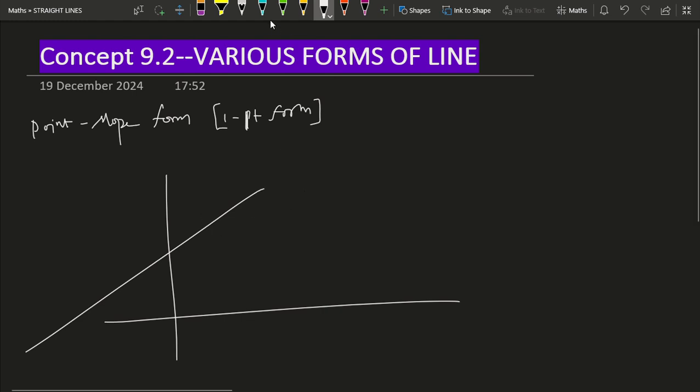This point is P1, and the coordinates of P1 are x1 comma y1, and this point is P, with coordinates x comma y. Now we are going to take the slope of this line. I know these two points, so I will take the slope of this line.